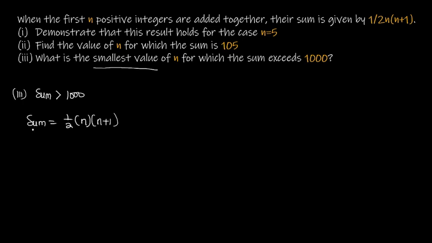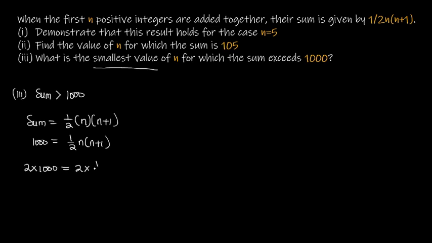Now if we want the sum to be greater than 1,000, let's use 1,000 to get the value of n, then see the closest value of n that will be greater than 1,000. So 1,000 is equal to half n (n plus 1). As usual, I multiply both sides by 2 to get rid of the half.